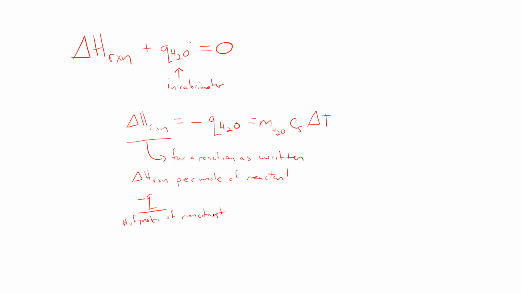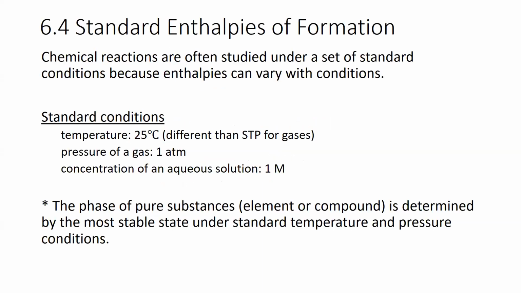Okay, and so you could figure out how much energy is given off when an acid reacts with a base, how much is given off per mole of acid or per mole of base, just by dividing the value you get experimentally by the number of moles that react. All right, and so that's how Hess's law would work.